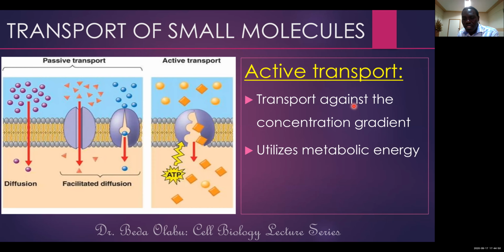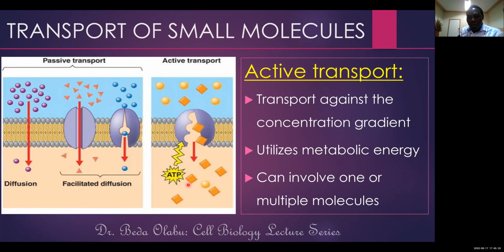Metabolic energy is definitely required. If you have to move a molecule from where it is more to where it is less, you don't need energy. That would be diffusion. But if you have to move a molecule from where it is less to where it is more, you need some energy. That would be active transport. When we talk about active transport, we want to know the number of molecules which are being transported.